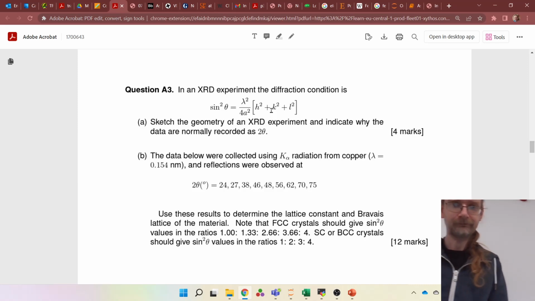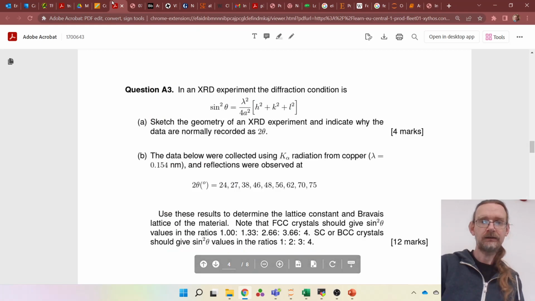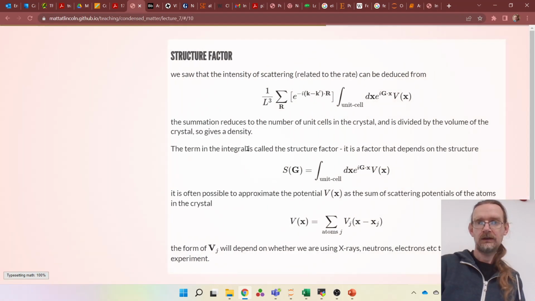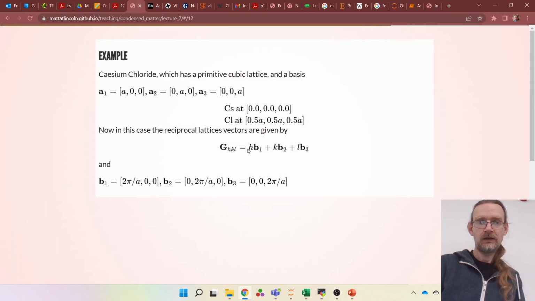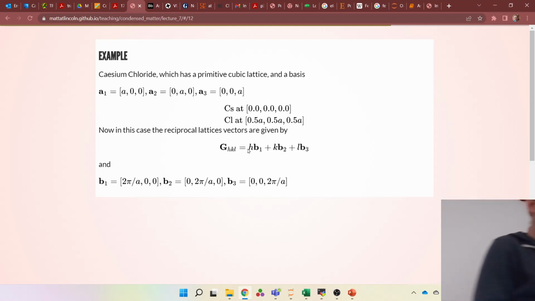Now, when we had our cubic systems yesterday, we looked at examples, say cesium chloride, that had real space lattice vectors a along the 3 different directions.